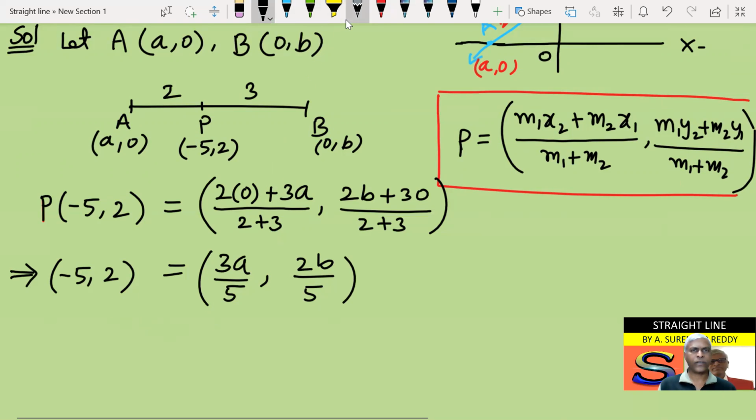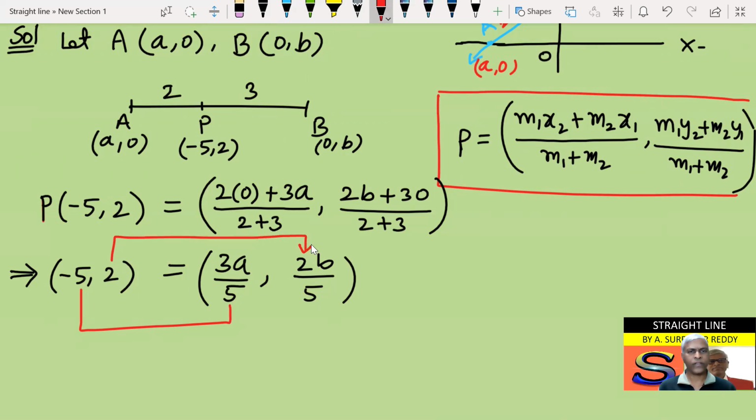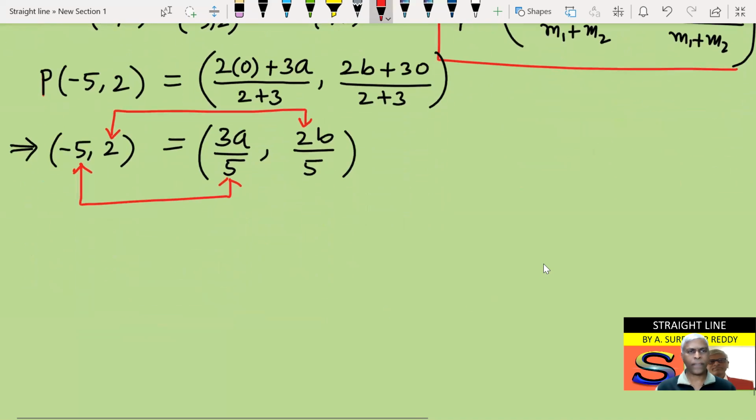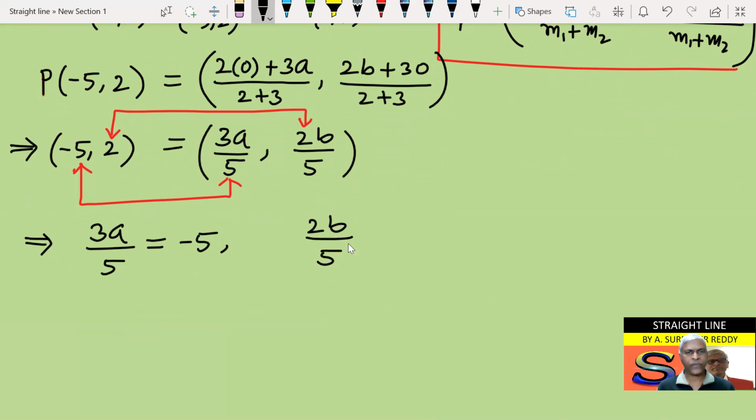Equating the x coordinate and y coordinate on both sides, we get 3a by 5 is equal to -5, and 2b by 5 is equal to 2.